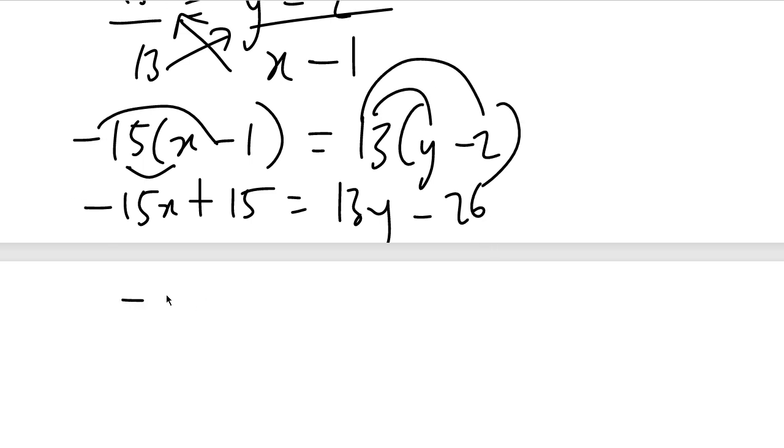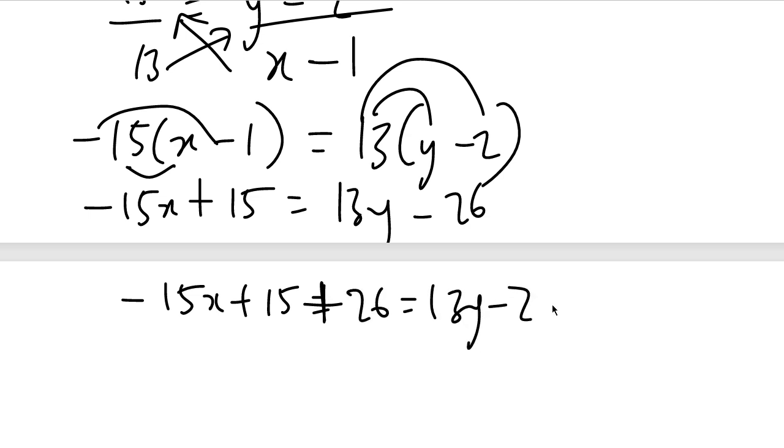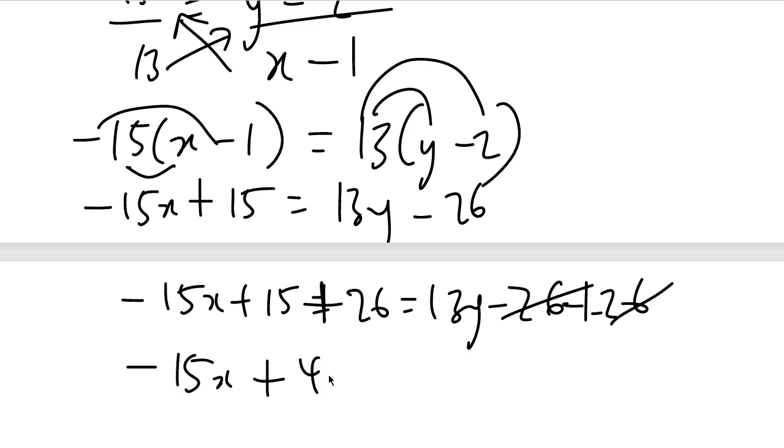So we could then have, adding 26 to both sides, 15x plus 15 is equal to 13y minus 26 plus 26, and then this goes, that will be negative 15x, 15 plus 26 is what? 41.